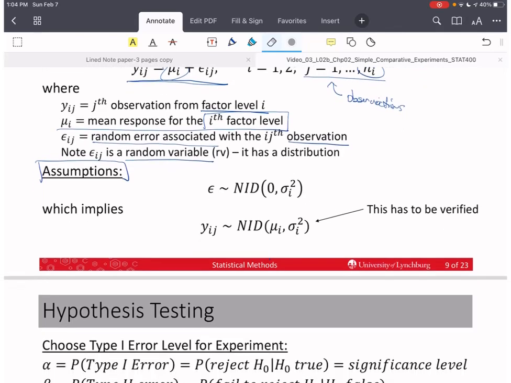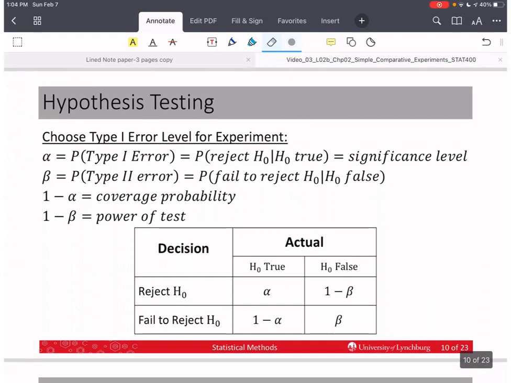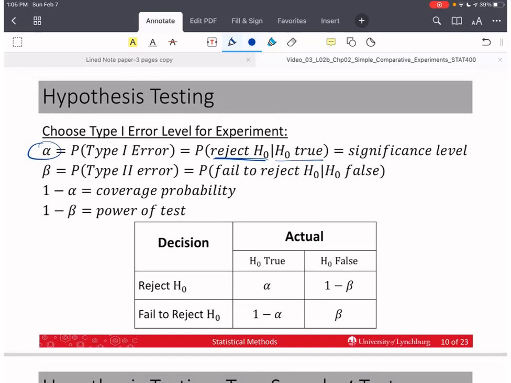We also need to choose a type 1 error level for our experiment, and the type 1 error is alpha. The probability that we have a type 1 error is the probability that we reject H naught, the null hypothesis, given that it is true. H naught is used for our baseline, to determine our baseline probability.